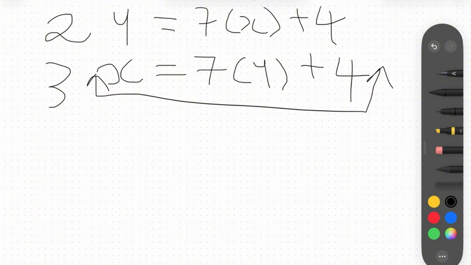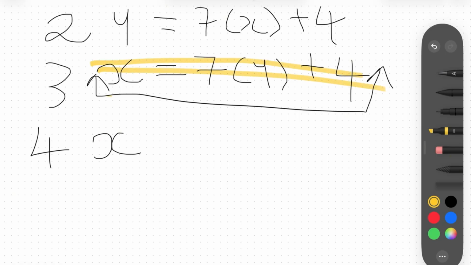Now let's move on to step 4, where we group all the y's on one side and all the x's on one side. So let's carry back this x. What else over here has an x? Well, we know that if a letter does not have a sign attached to it, it's automatically x.